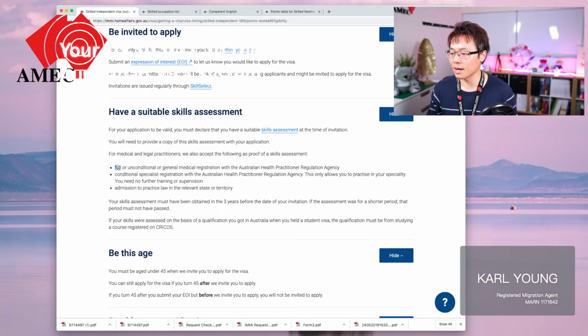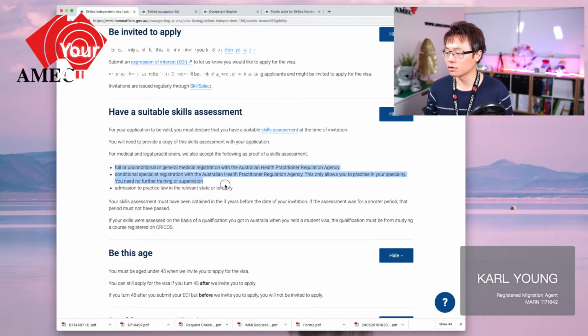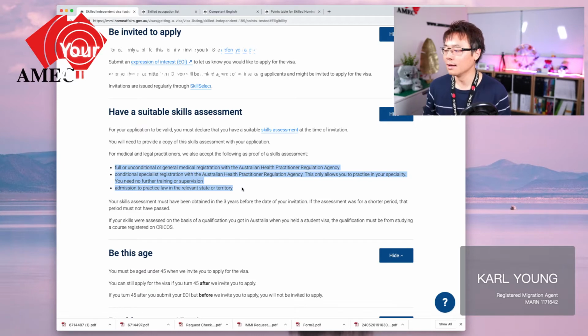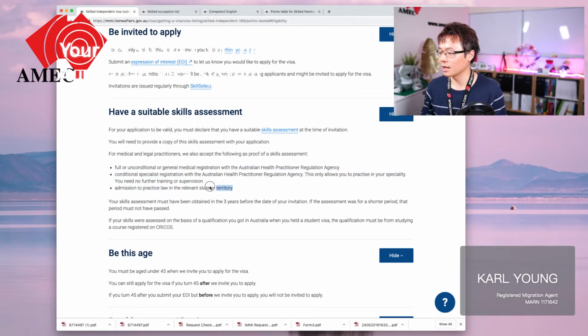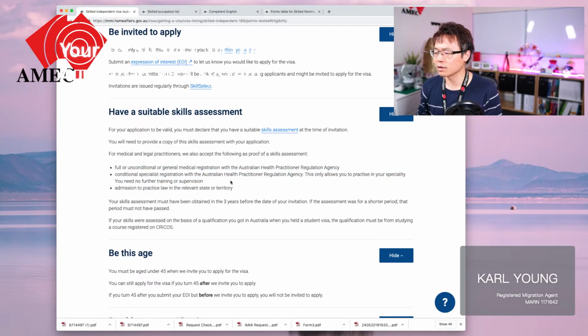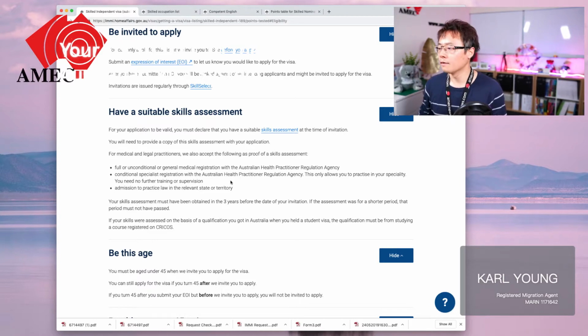Bear in mind, if you're a medical or legal practitioner, additional registration or admission is required. Any other occupation apart from that, you don't need it. The only one I'm unsure about is engineers, whether you're required to be registered in the state. I don't think the government requires that unless you are going for an employment visa.